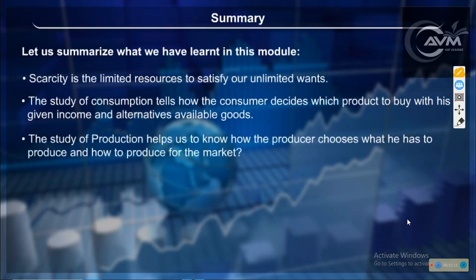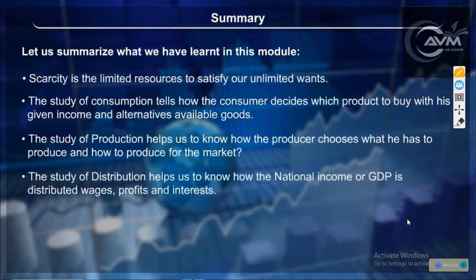The study of production helps us to know how the producer chooses what he has to produce and how to produce for the market. The study of distribution helps us to know how the national income or GDP is distributed as wages, profits and interest.